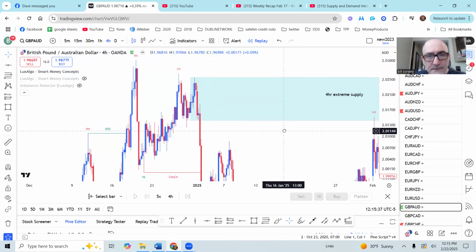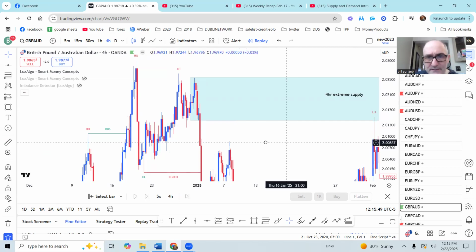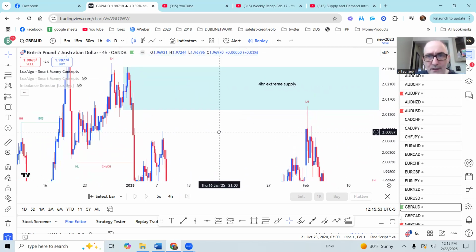So what happened was this area here was already hit. But you still had the impulse candle here and there was imbalance here. So we originally marked this as an extreme supply zone and we just used the whole thing.